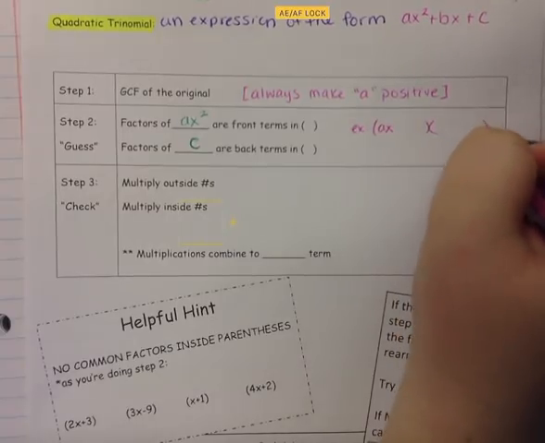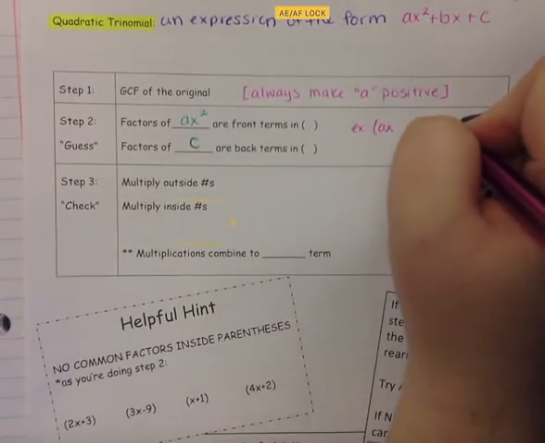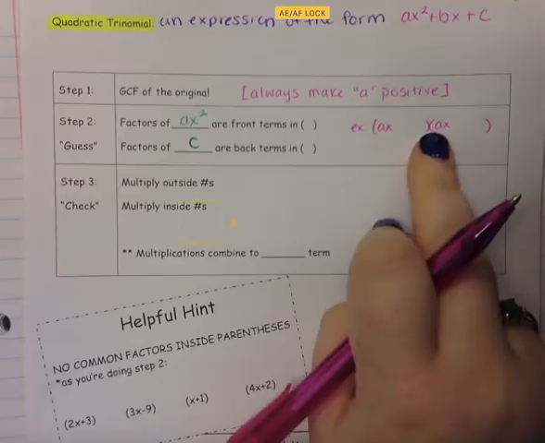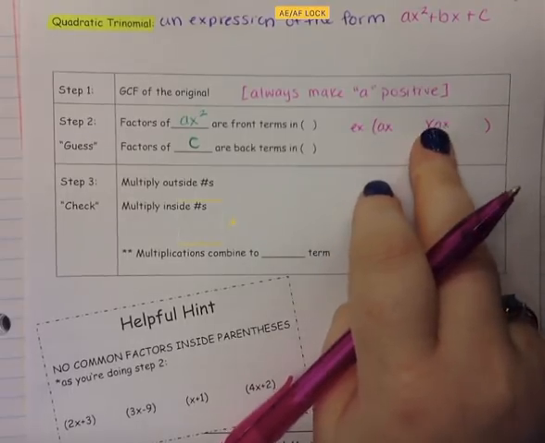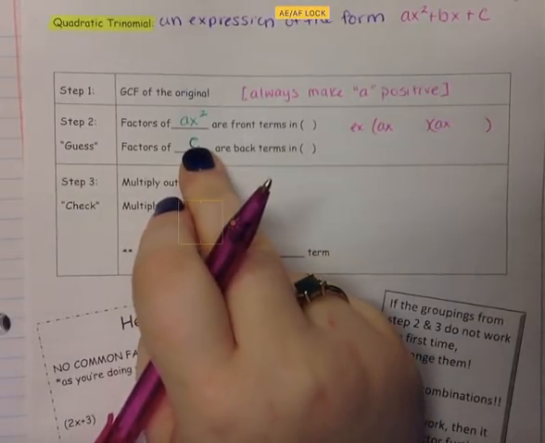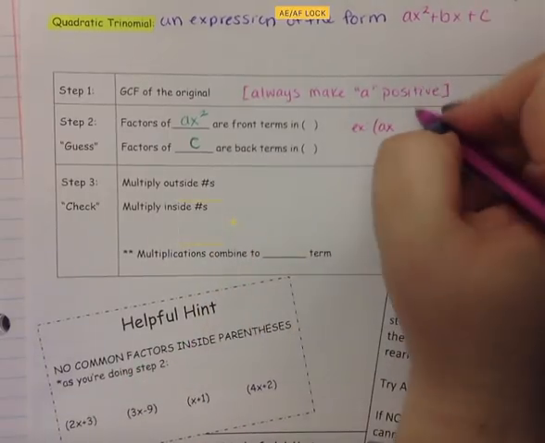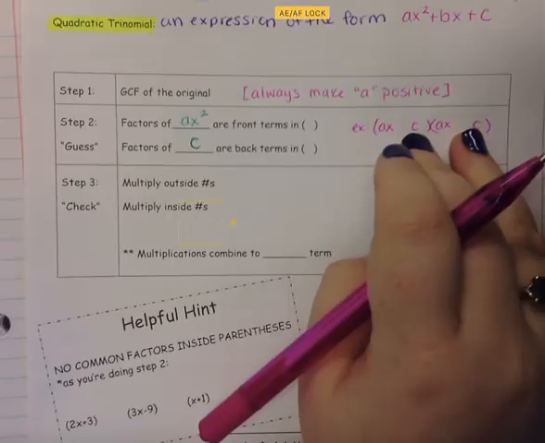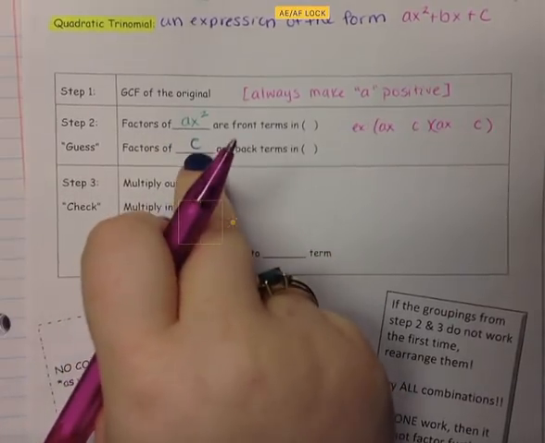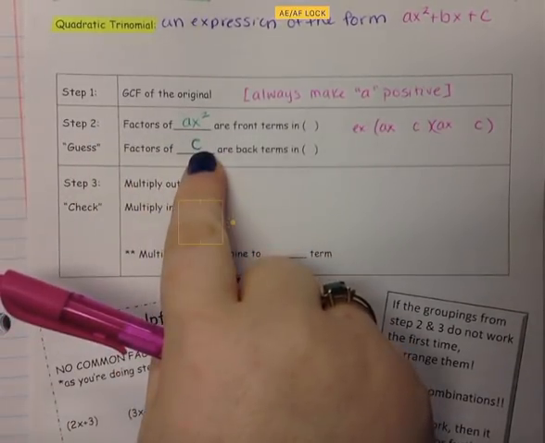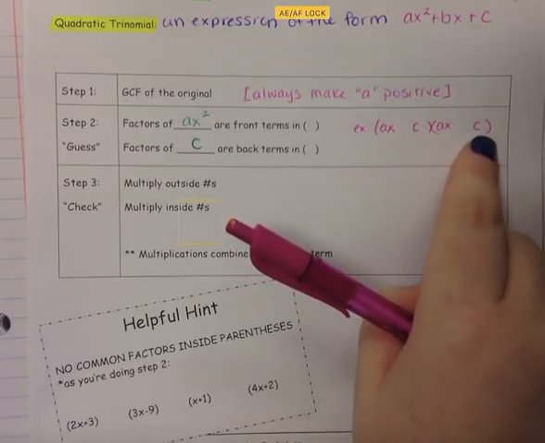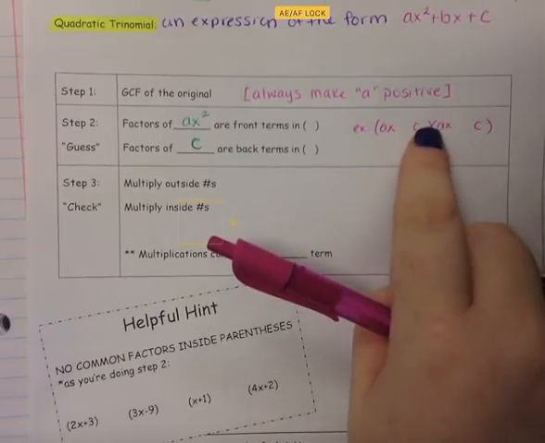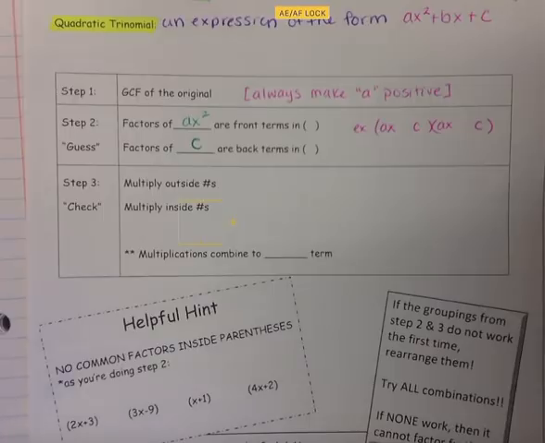I'll have two sets of parentheses, so I'll have the other factor of ax squared in the front, depending on what it is. Then the factors of c will be in the back of the parentheses, whatever those factors are. Now, it obviously won't be the same number, so if this is a 7, I know a 7 and 7 won't go back here. It'll be maybe a 1 and a 7, because 1 times 7 gives me 7.